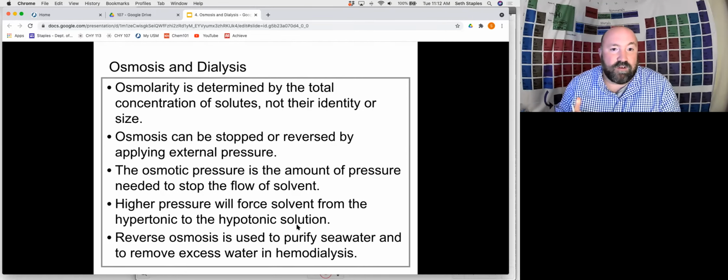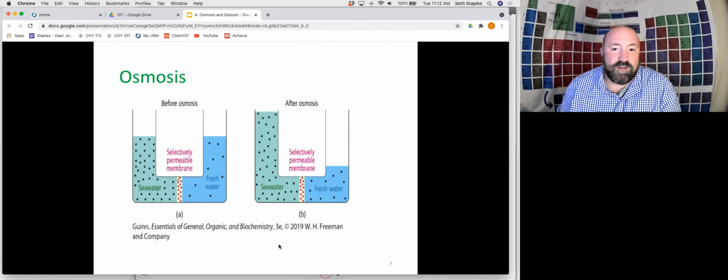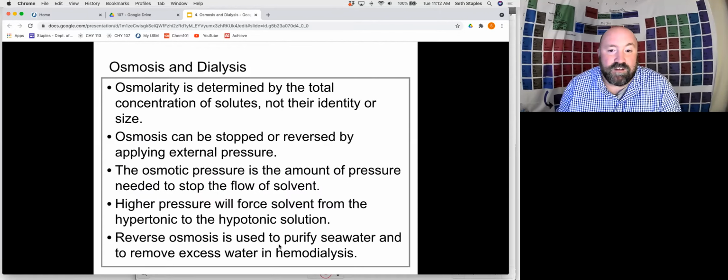It goes in the exact opposite direction, but some sort of pressure has to be applied in order for that to occur. The osmotic pressure is the amount of pressure needed to stop that flow. Reverse osmosis is used to purify seawater, for instance. It's also used to remove any excess water in hemodialysis treatments, which some of you may be familiar with.